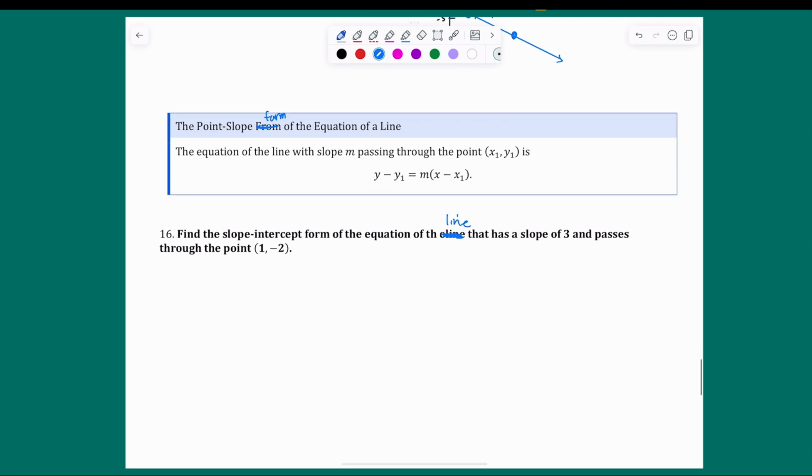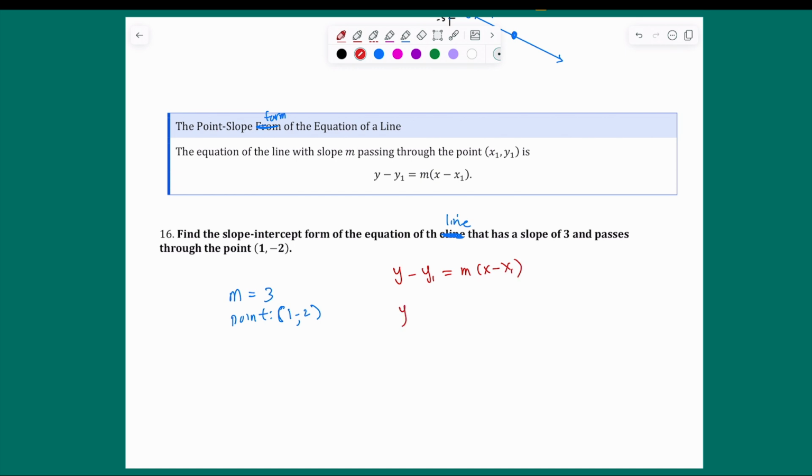First thing we do is identify the slope, which is 3. And our point is (1, -2). So our equation is y minus y1 equals m times (x minus x1).